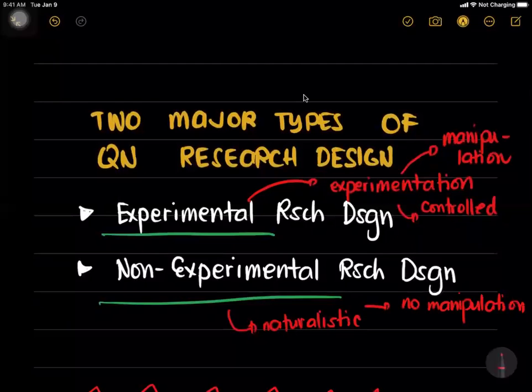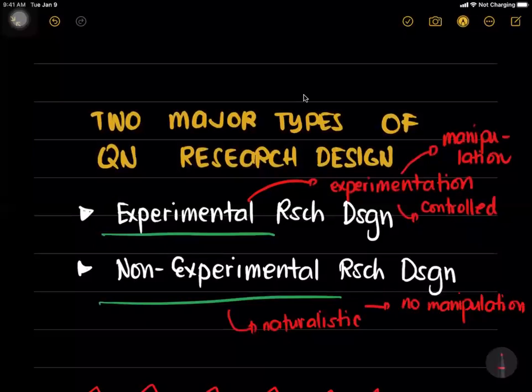So in terms of the level of control, non-experimental research designs are more lax. They are less stringent, less complex, while experimental research design really follows a very strict and very complex process. So that's just a quick differentiation or comparison between your experimental and your non-experimental research design.